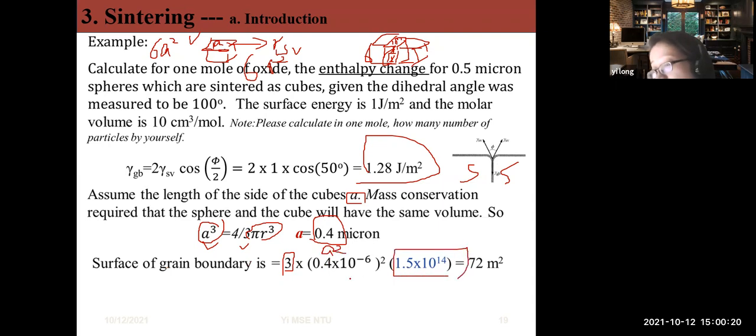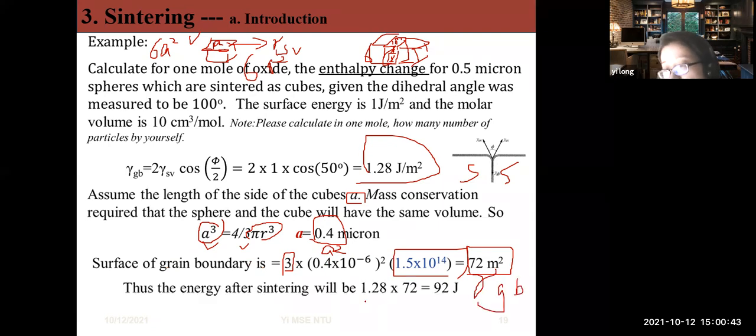Again, numbers, right? You still have the same number because it's a one-to-one change. You change from one sphere to one cube. So in the end, how many spheres do you have? How many cubes? The surface of the grain boundary is going to be 72. Now I need to times what? Times gamma, in this case gamma GB.